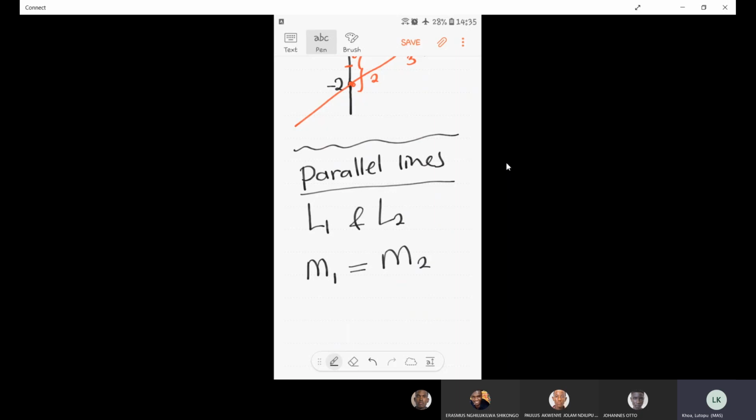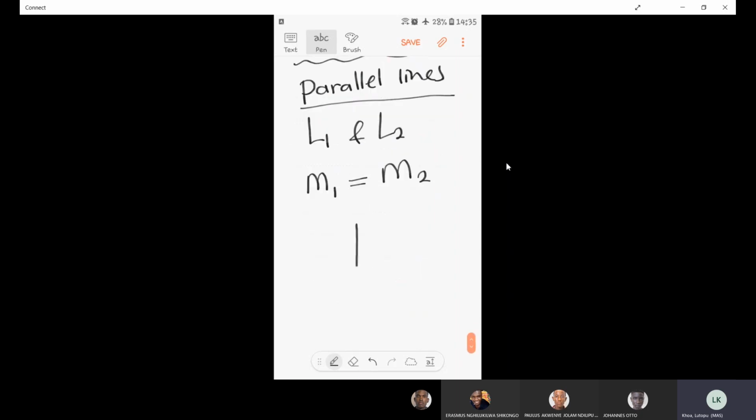So for example, if I wanted to draw them, this is x, that is y. If I draw the first line, I pick a point, then I move some units in x, some units in y, then I connect the 2 points. So let's say I move 2 units and 3 units up. Then I have another line with the same gradient.